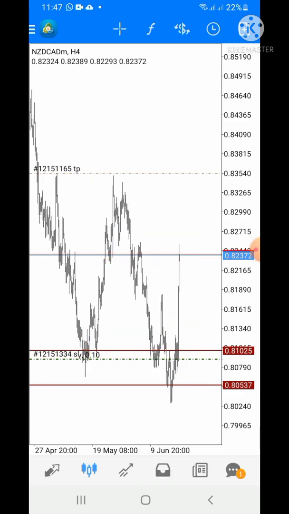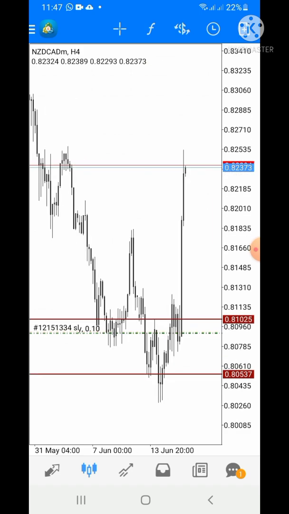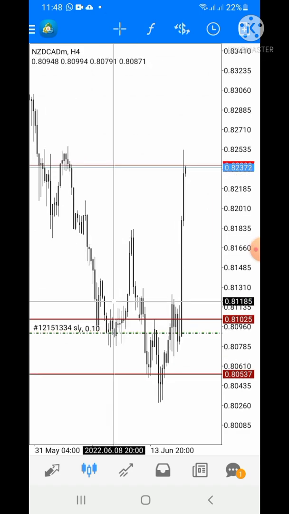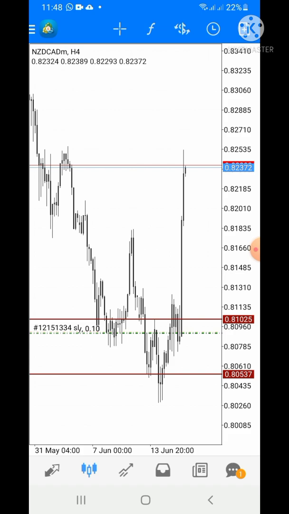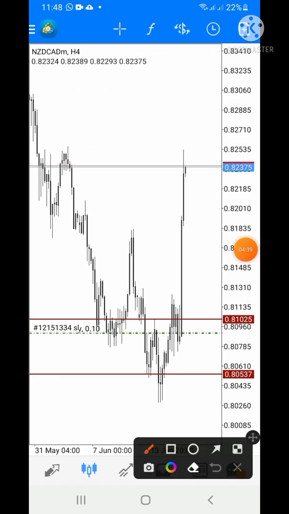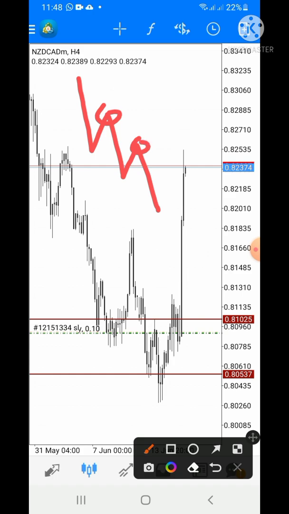Now good, let's move on to the next step. Since you've seen that we are still in a bearish trend and we took this trade from this point here, I want to give you the reason why I took this trade from here. Whenever, let me draw for you, this is your support. Why am I calling that support?